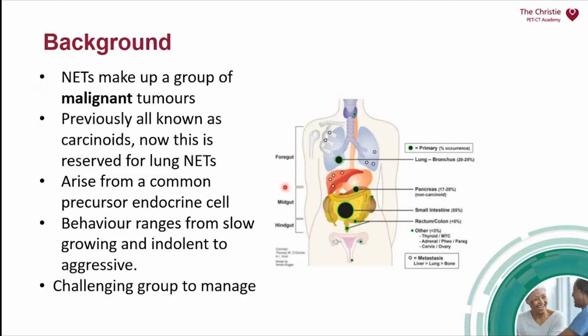Despite that shared similarity, they show a really broad range of behavior, ranging from quite slow growing, what we could call indolent, to quite aggressive. That range of behaviors and locations in the body makes for quite a challenging group of entities for the doctors to manage.